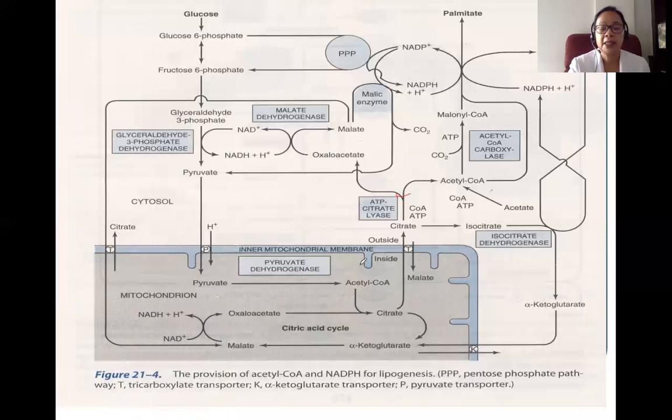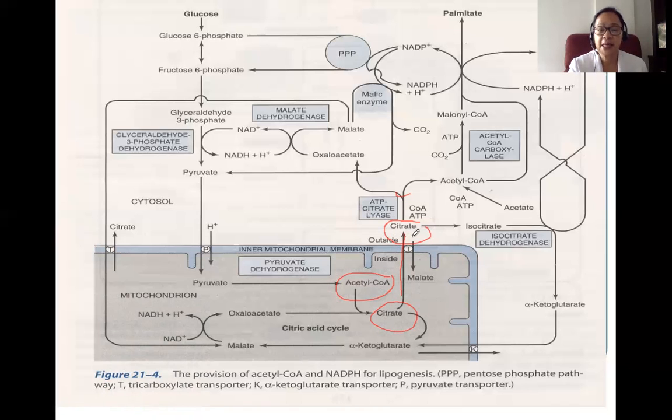Okay, so here is your acetyl coenzyme A. It needs to move out from the mitochondria to the cytoplasm as citrate.